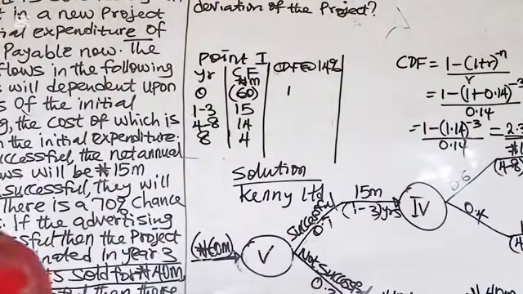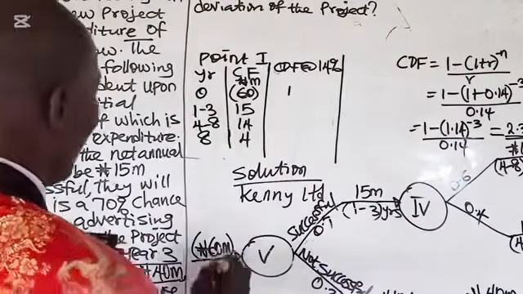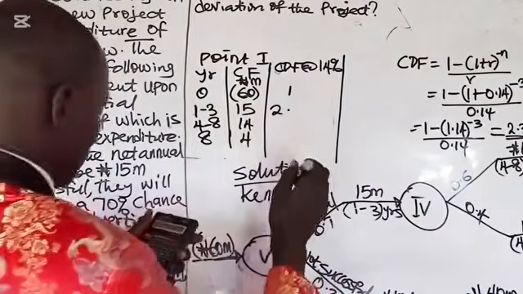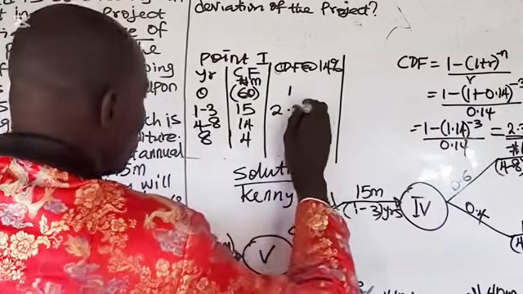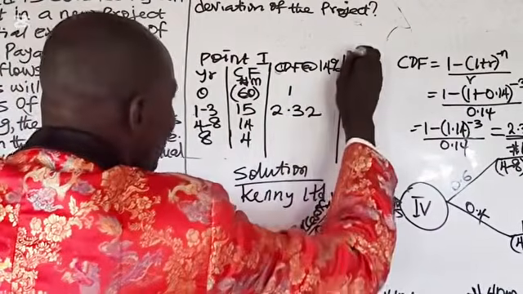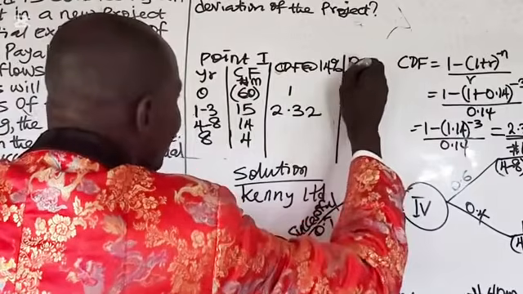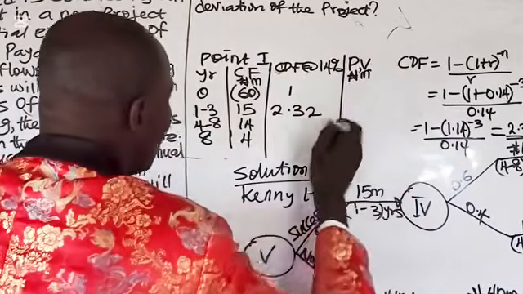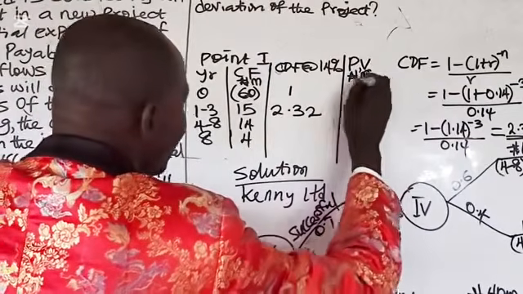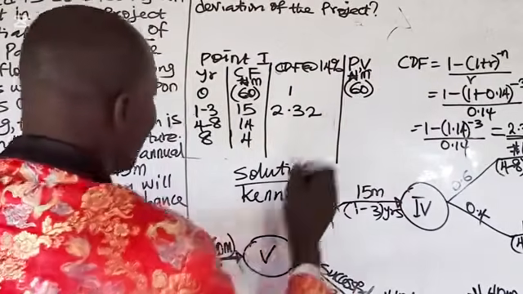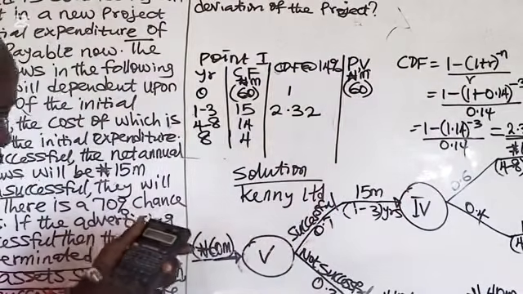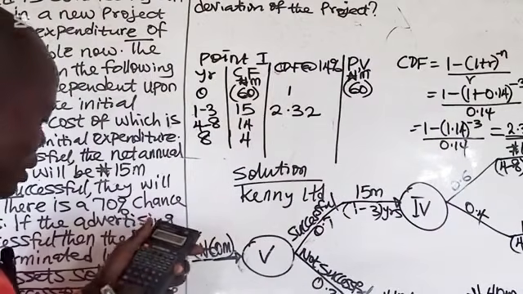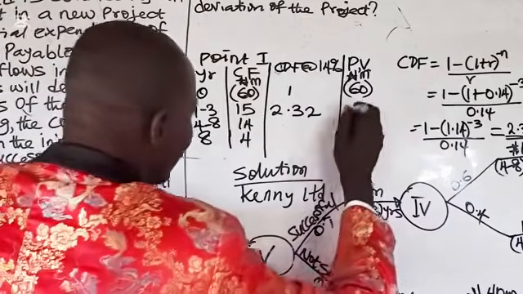So the cumulative discount factor for year 1 to 3 is 2.32. What is the present value? Remember, the amount is in million naira. 60 million times 1 is 60 million. 15 times 2.32 gives us 34.8.